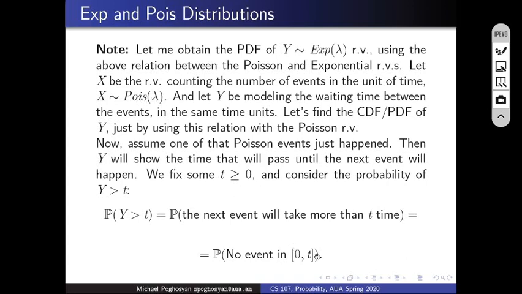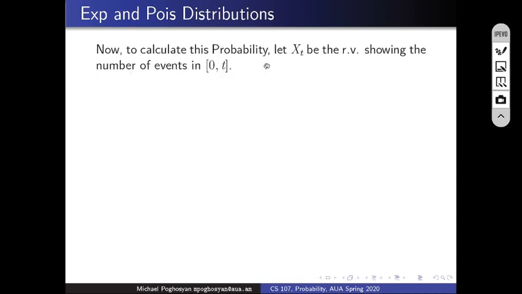Here I have (0, t), so I need to change the rate and have another parameter for the interval (0, t). If I asked for the probability that no event happened in (0, 1), we could use X, but here I have (0, t). So let X_t be the random variable showing the number of events in (0, t).